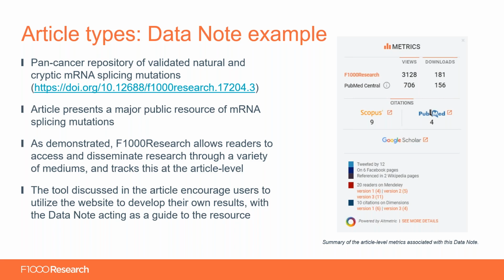Another great example of the impact and reproducibility that a data note can have in action can be seen in a paper that I haven't highlighted on this slide, but was actually seen in a PLOS article from 2018, where Professor Santiago and his team identified 92 expansin genes in the sugarcane genome. However, this research was facilitated by a data note article which was published by Professors Riano Pachon and Mattiello on F1000 Research a year prior.